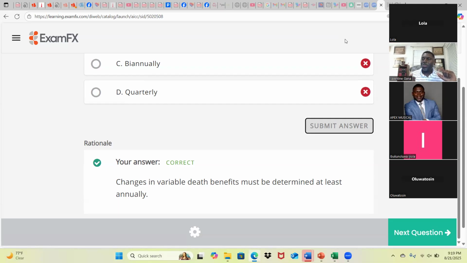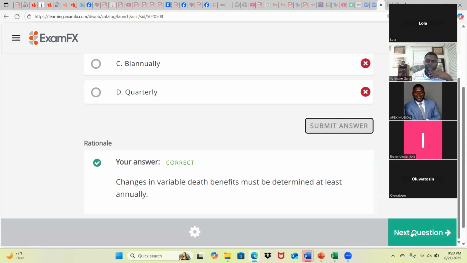They might ask you a question to see if you understand that the minimum death benefit is always going to be constant, and the account is never going to fluctuate to take it below that minimum. Always remember that the initial death benefit is always going to be the minimum. It can go up because of increase in the market, but it's never going to go beneath that minimum death benefit.